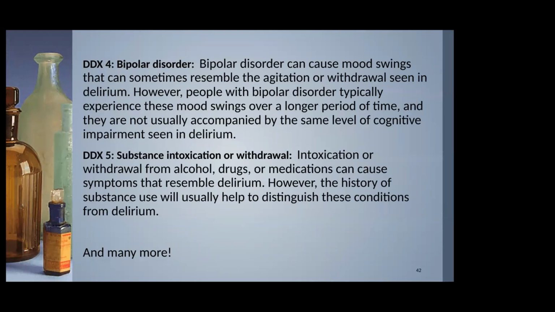However, people with bipolar disorder typically experience these mood swings over a longer period of time, whereas in delirium it is transient or temporary, and they are not usually accompanied by the same level of cognitive impairment seen in delirium.